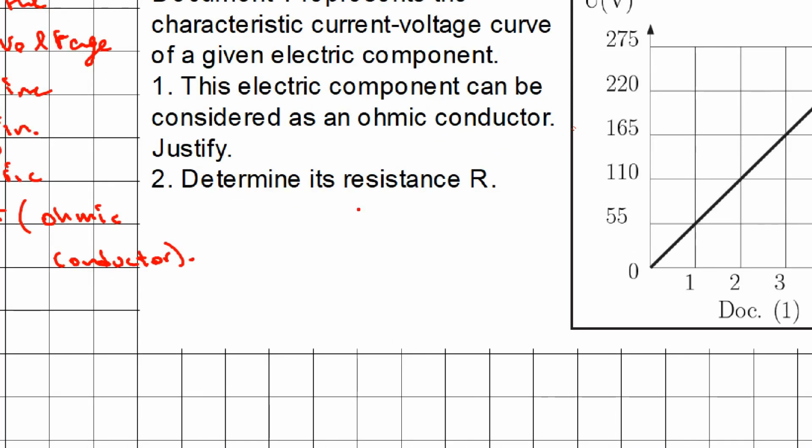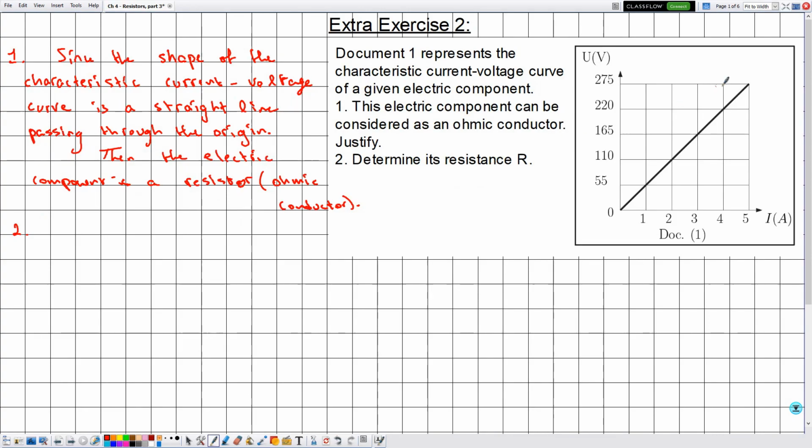Now in number 2 they are telling me determine its resistance R, and we know that the value of R can be determined using the slope method.